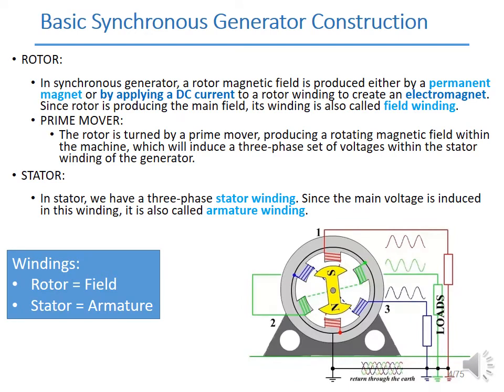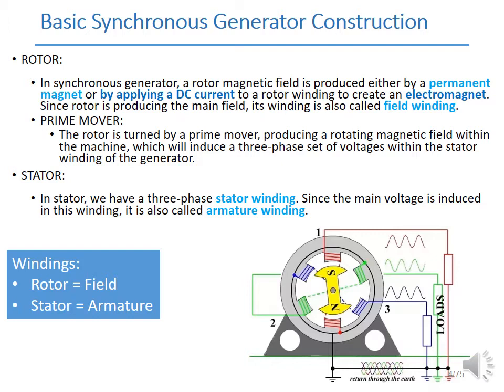Okay, in terms of construction of a synchronous generator, as with other machines that we looked at before, it mainly consists of two parts, which are the rotor and stator. In a synchronous generator, a rotor magnetic field is produced either by a permanent magnet or by applying DC current to a rotor winding to create an electromagnet.